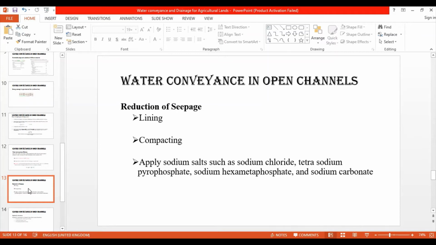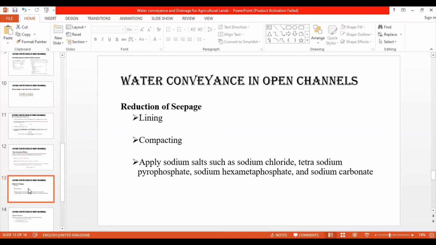Then others use chemical substances like sodium salts. They just apply them through the channels. These sodium salts make the soil disperse, and once it disperses, it will block the openings in the channel, and water will find it difficult to go below that soil.